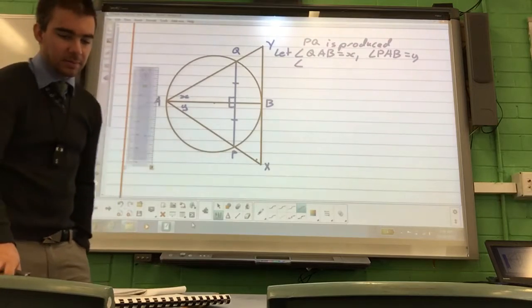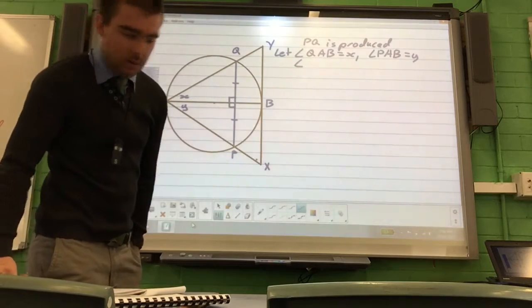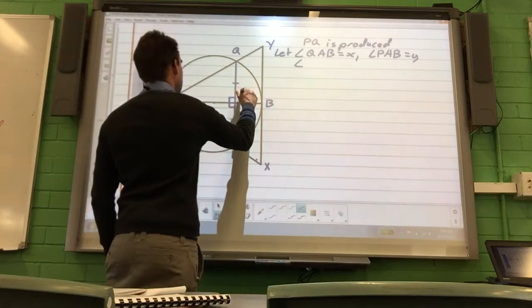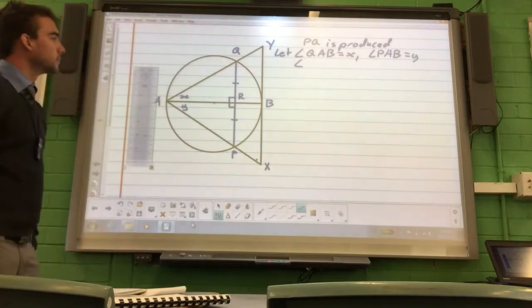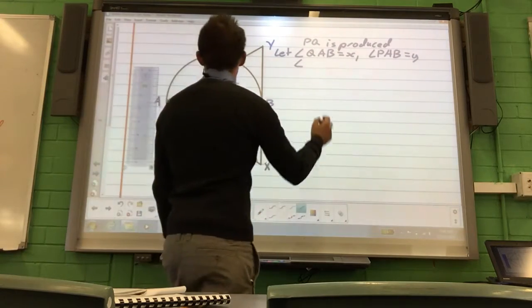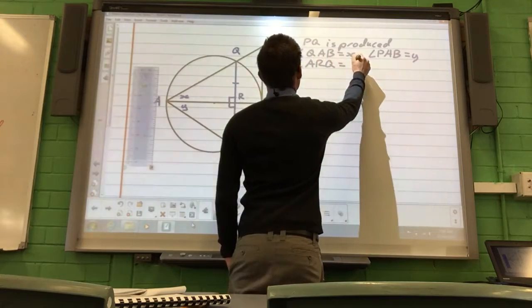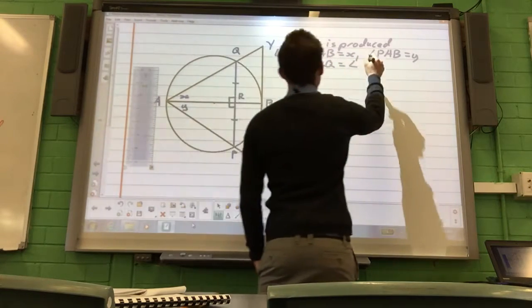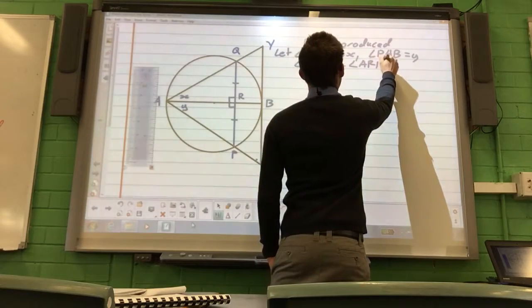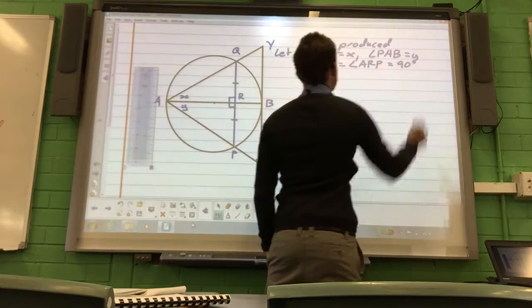Is it notated in the diagram? On AP and AQ, let's call it R. Capital R. Alright. So angle ARQ is equal to angle ARP, which is 90 degrees.